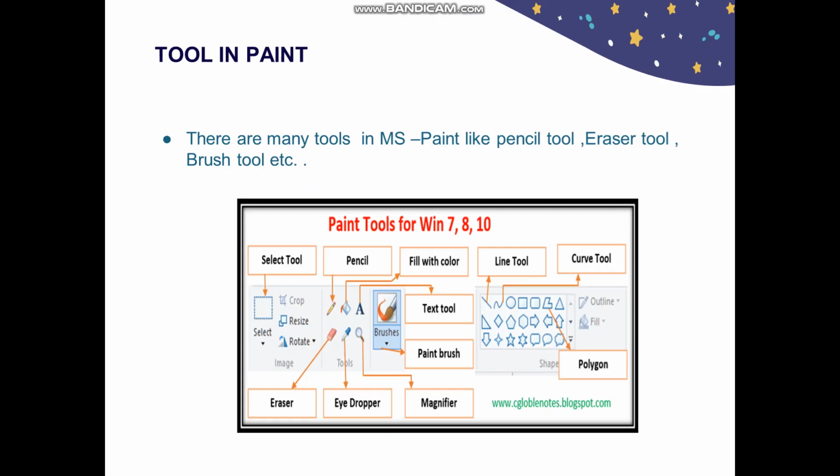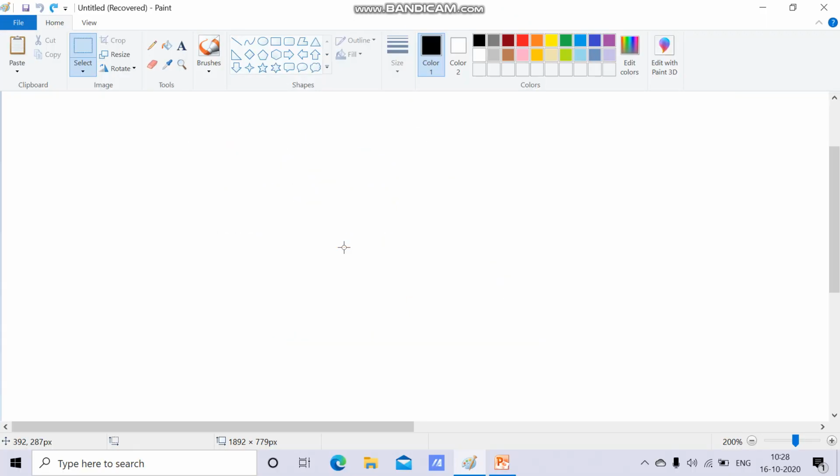You all must have seen there are so many tools like pencil tool, text tool, eraser. Now how to use these tools? So let us see how we can use. So children, this is the MS Paint window and you all can see different tools there on the home tab. This is the pencil tool.